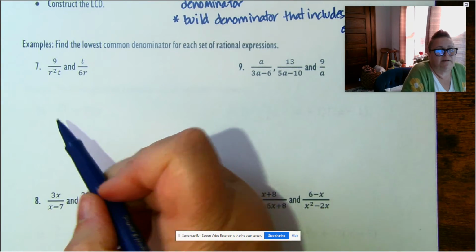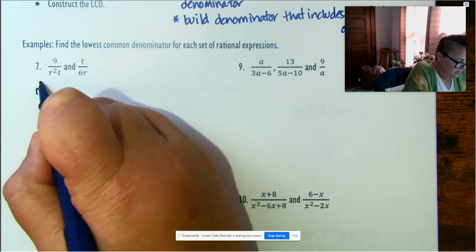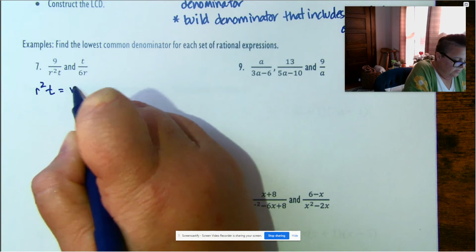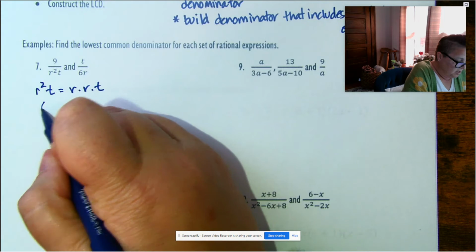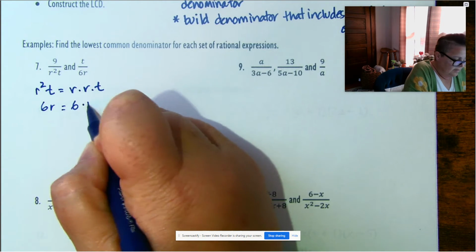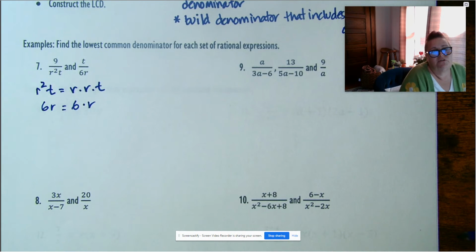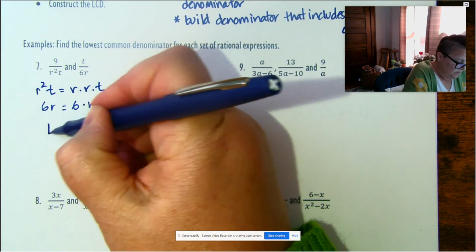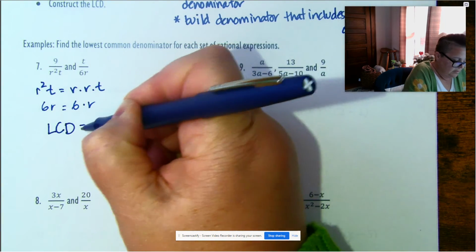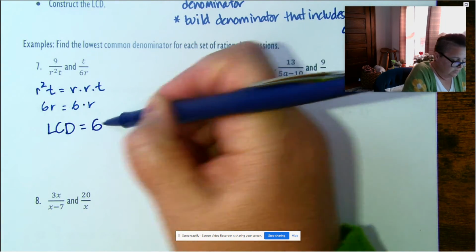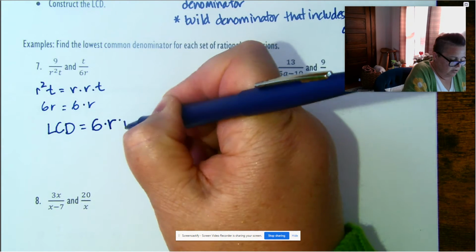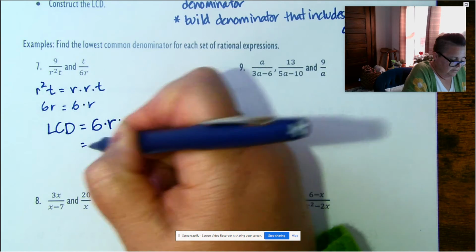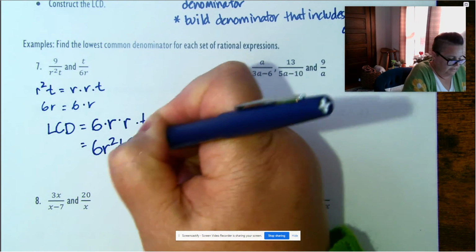If I look at number 7, r squared t is r times r times t. 6r is 6 times r. So to build a new lowest common denominator, I need the 6, I need the r, I need a second r, and I need the t. So that's 6r squared t.